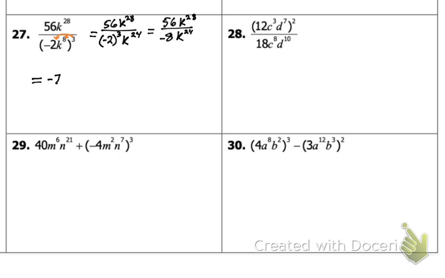We would have negative 7k to the 4th power. Do we agree with k to the 4th power? Yes. Because it'd be 28 minus 24, which gives me to the 4th. Do I have any negative exponents? No. So are we done? Yes, we're done.